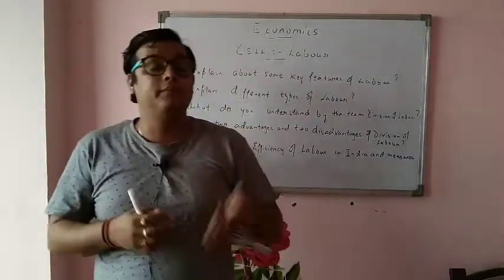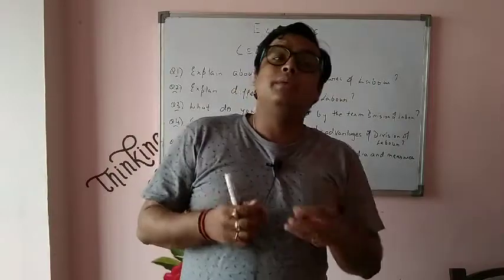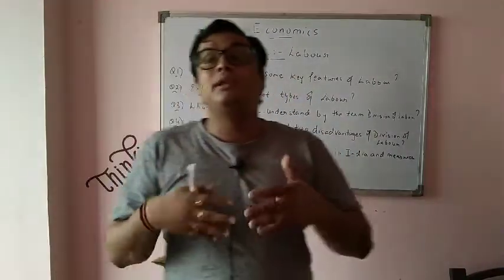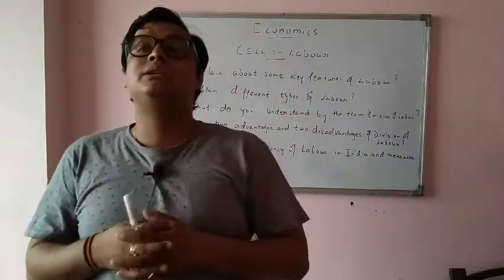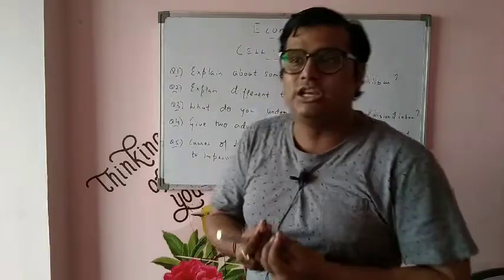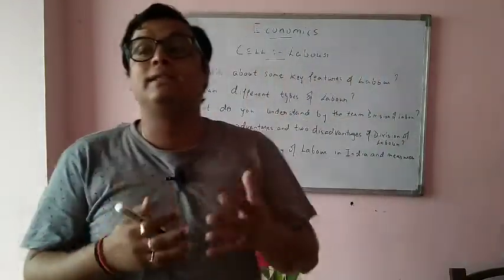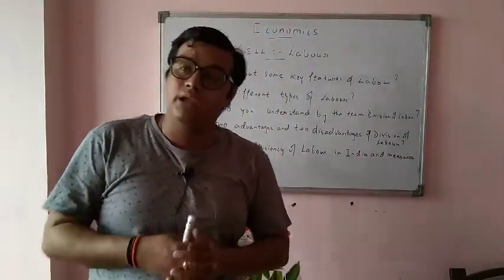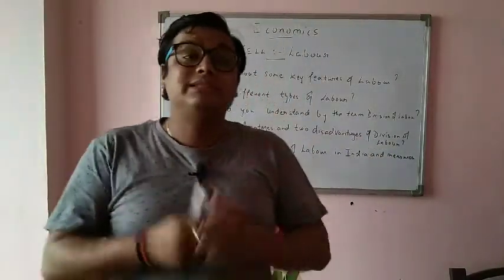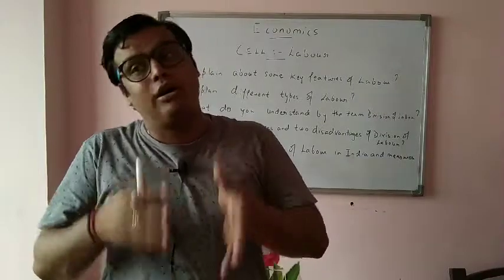Next basic point. Third, labor is a person who can be trained. Labor's efficiency can be increased by imparting proper education and proper training, and then the labor's productivity can be increased. Next, a very important point: labor sells its labor, not himself.